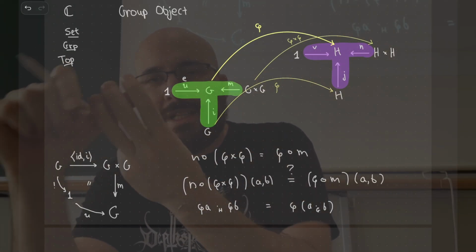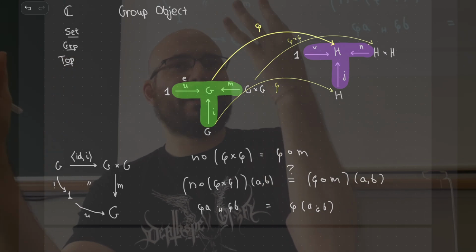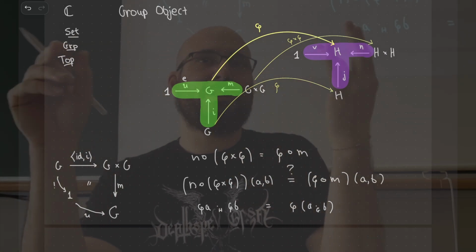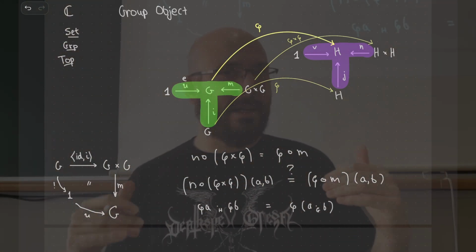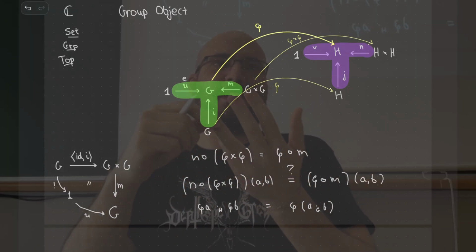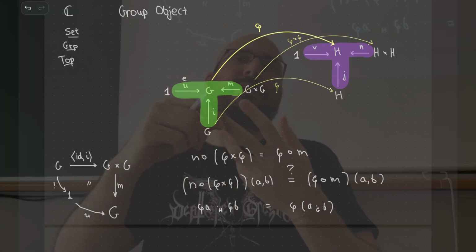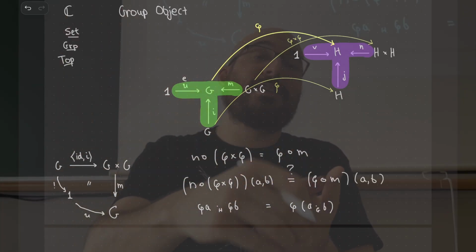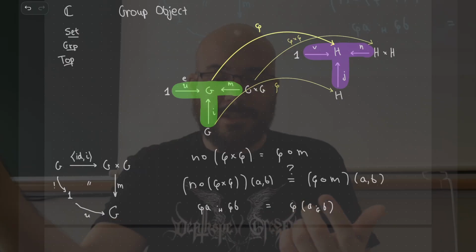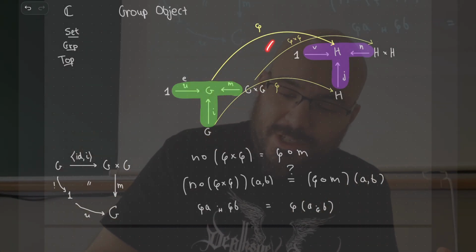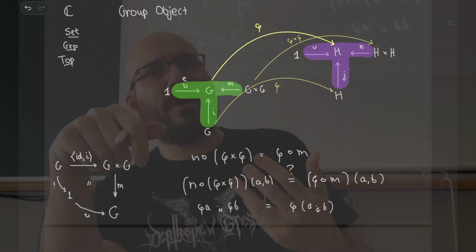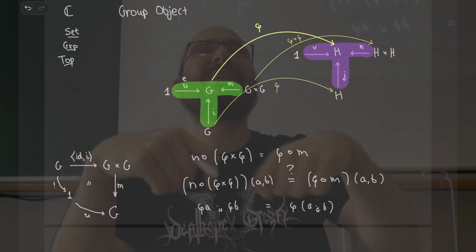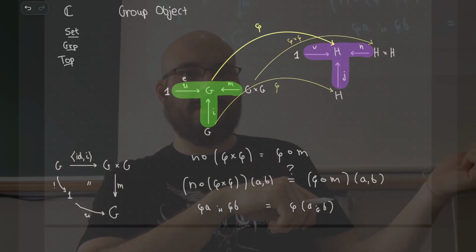That phi is a homomorphism, but remember, being a homomorphism in the category of groups means you have four things actually. First of all, you have a carrier function, the homomorphism knows its underlying function, and three more things. It respects the binary operation, it respects the unary operation, the inverses, and it respects the identity. So it maps the identity to the identity. This thing that we just described, this commutativity corresponds to the fact that phi respects the binary operation.